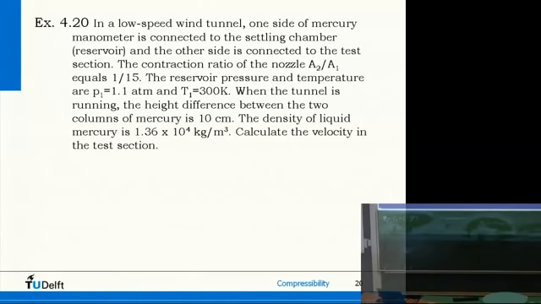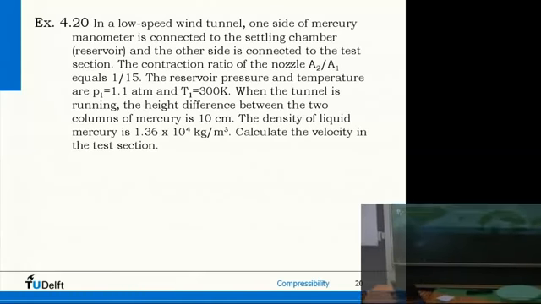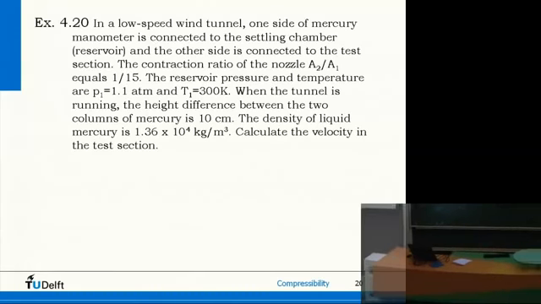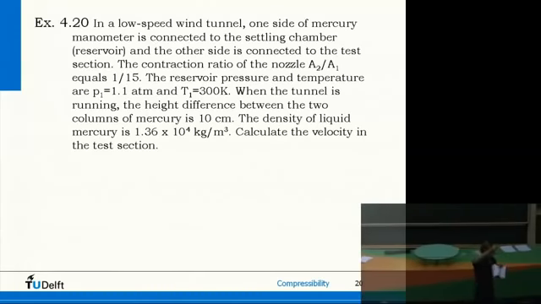So I use this. A2 over A1 is 1 over 15. So area 1 is 15 times larger than area 2. So area 1 is the large area, area 2 is the small area. So area 1, large area, low speed. And then for incompressible flow, we decrease the area, the speed increases, right?